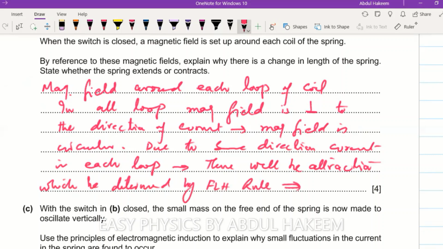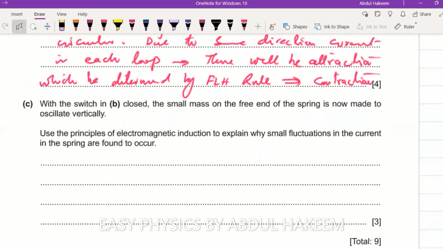So there will be contraction. Because we have done that two parallel wires carrying current in the same direction attract each other, we apply the same rule here. According to the situation, you can change your statement.